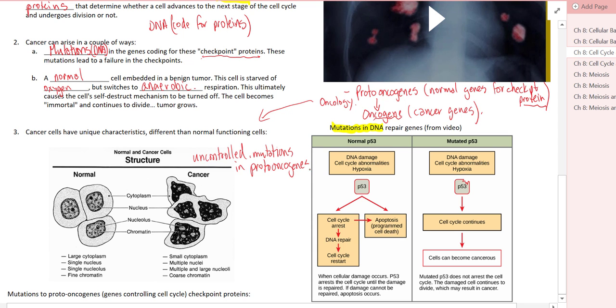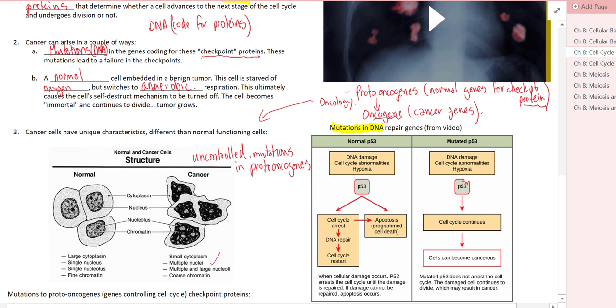All right. And if we look here, this really defines some major differences between normal cells and cancer cells. Typically cancer cells have enlarged nuclei. They can even have multiple nuclei, and enlarged or multiple nucleoli. They tend to reduce the cytoplasm, which would reduce function of the cell.